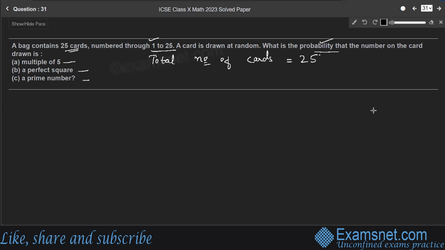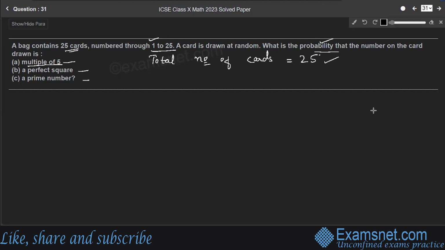The first question is the probability that the number on the card drawn is a multiple of 5. Let us consider the multiples of 5 from 1 to 25. 5 is a multiple of 5, then 10, 15, 20 and 25.